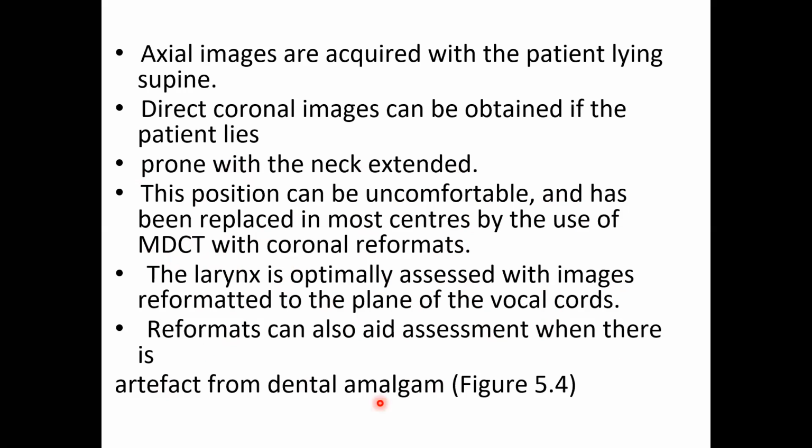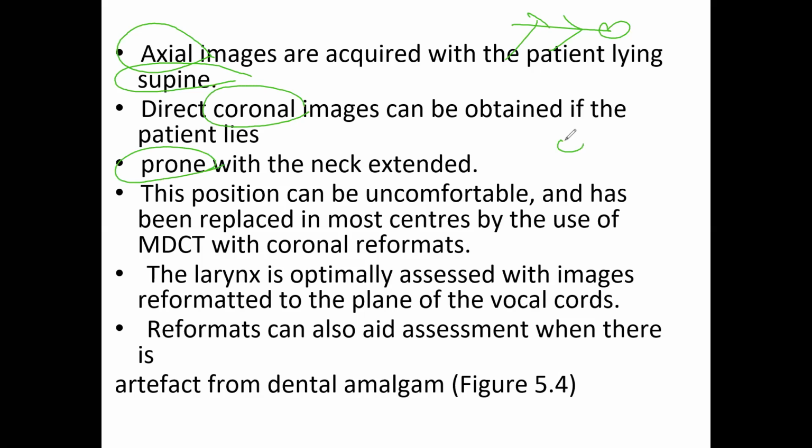So keep in mind, with multi-detector CT, as we have already seen, axial images can be obtained when the patient is supine. This supine position will help us to see the axial images, number one. Coronal images you can see if the patient is prone.